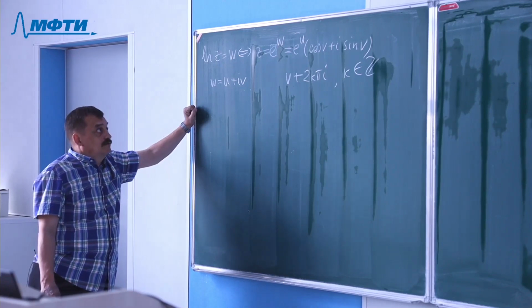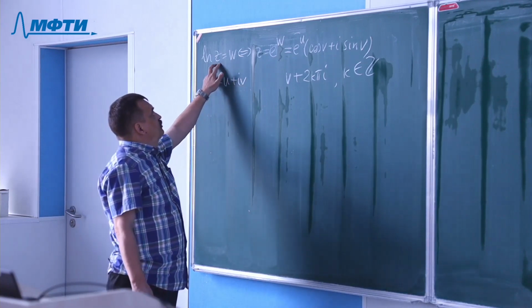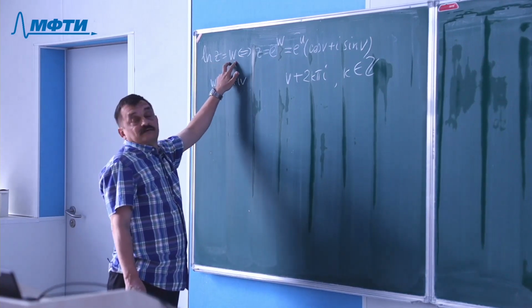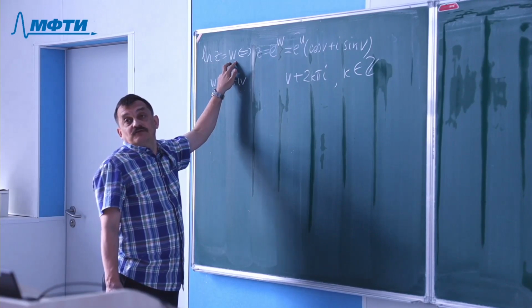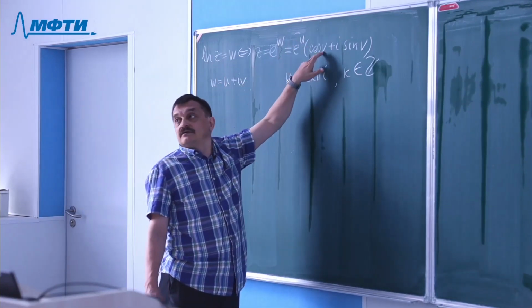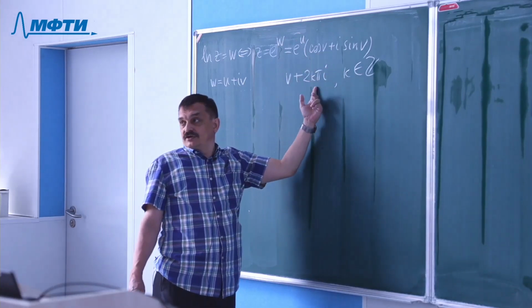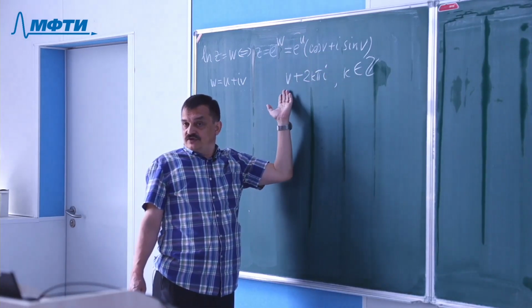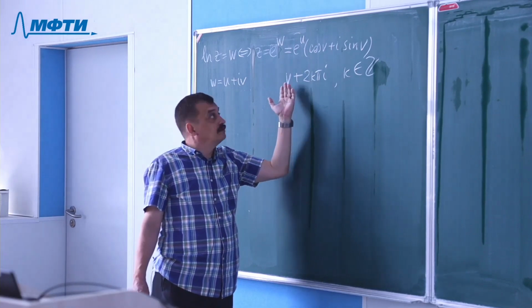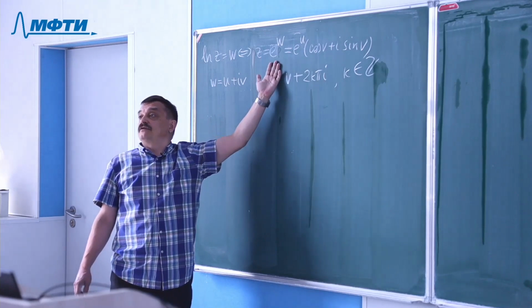So it means if I want to determine the logarithm of z, and I have found somehow u and v, then after adding 2k pi i to v, I also have a solution of the same equation, right?